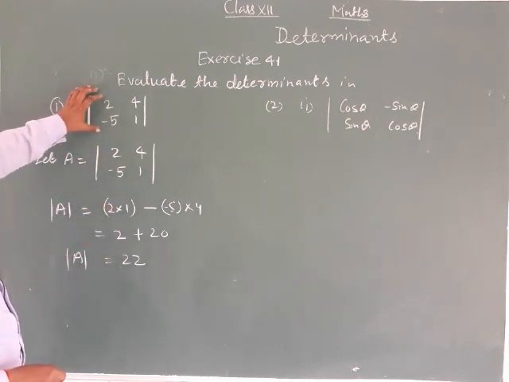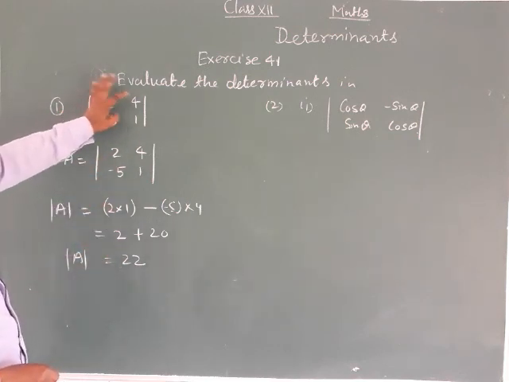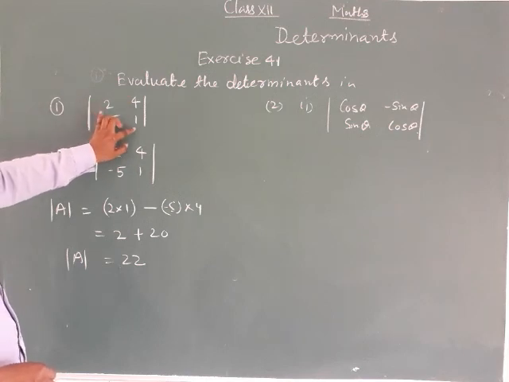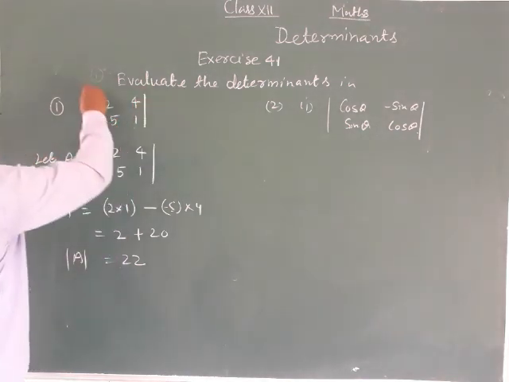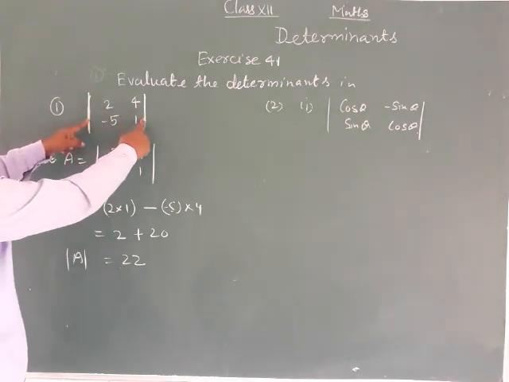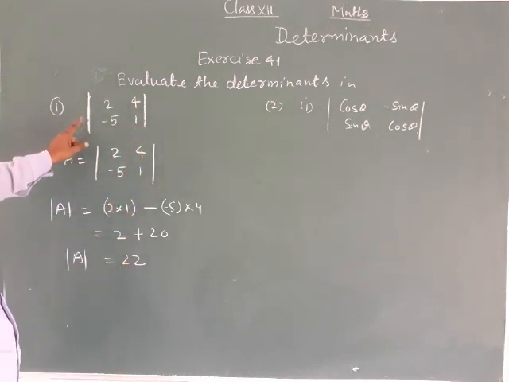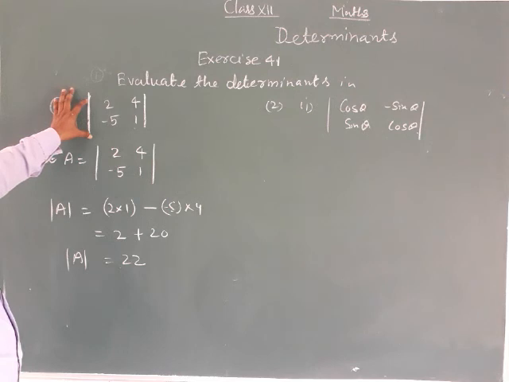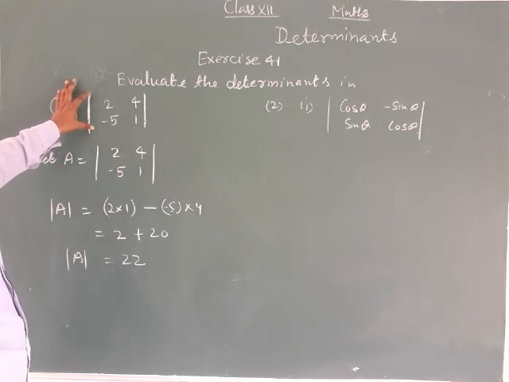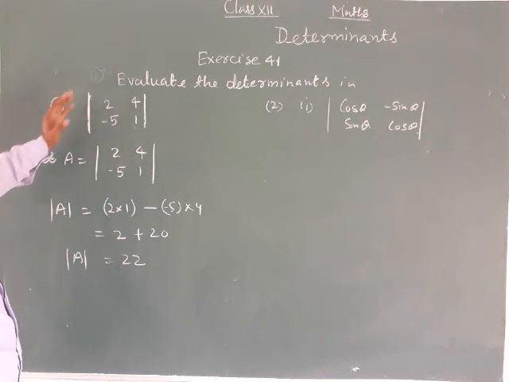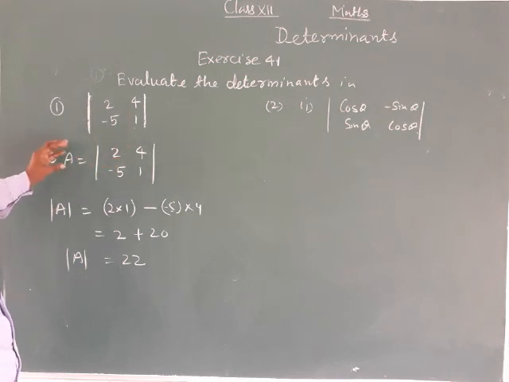Given question one, the elements of the determinant are 2, 4, minus 5, 1. This symbol is a determinant; you cannot read it as modulus, only as determinant.